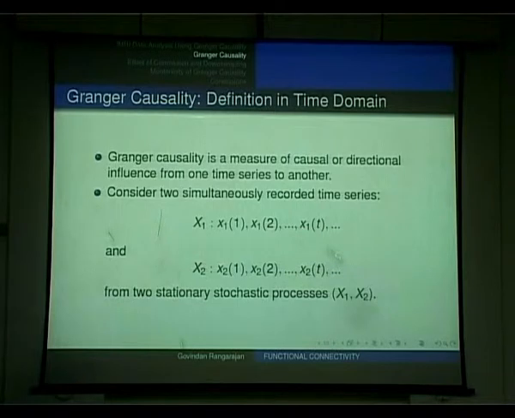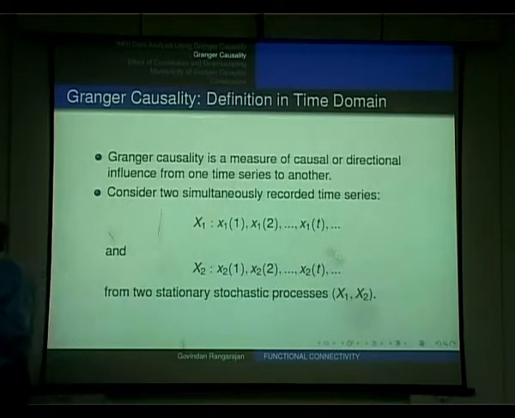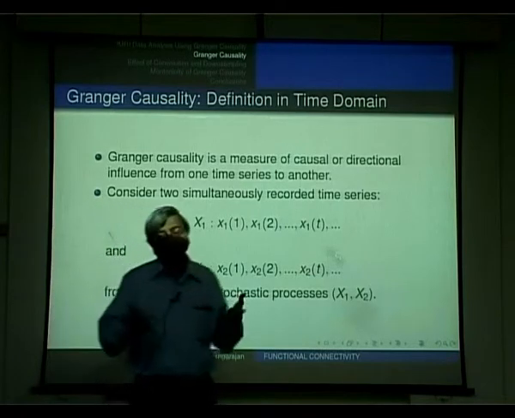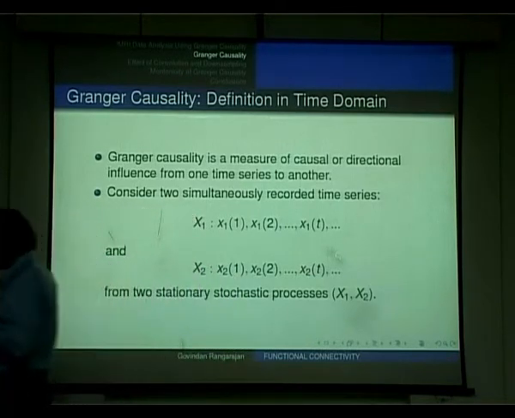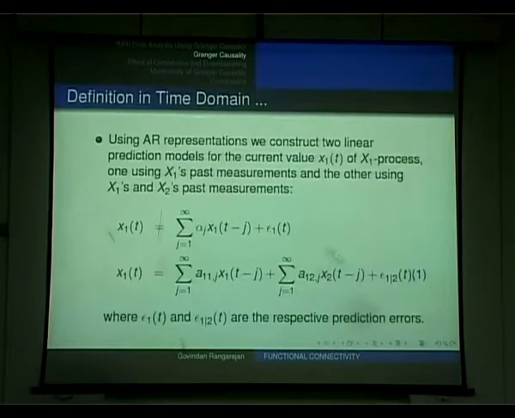The underlying mathematics, and don't worry if you are not familiar with these terms, is that you treat these two time series as realizations of some underlying stochastic process. That is the underlying mathematics which goes into this concept.